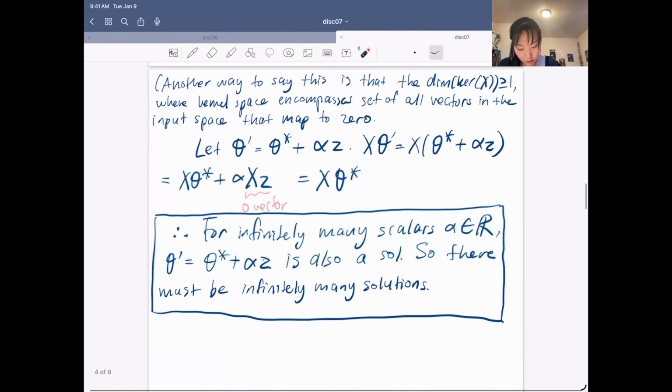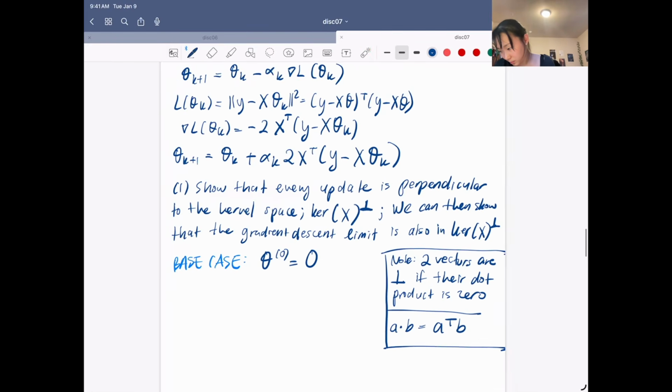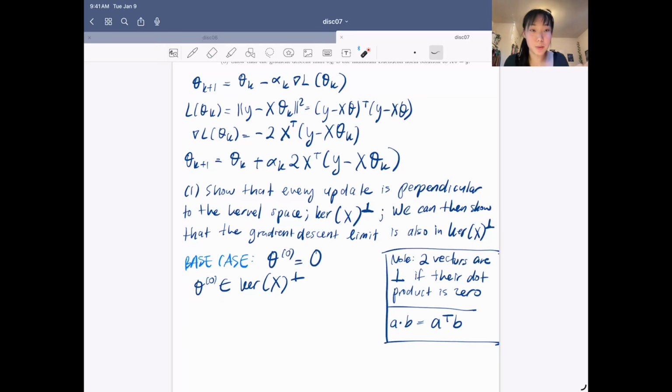When we initialize them to 0, we know that this theta 0 falls into the space perpendicular to the kernel space. It's interesting: the zero vector falls into the kernel space itself, right? Because A x equals zero, so any matrix times a zero vector is equal to another zero vector.